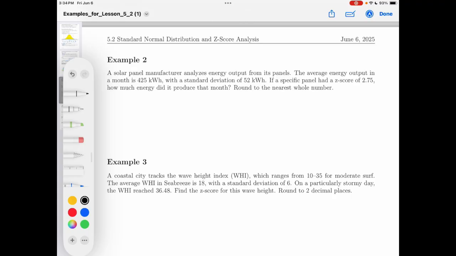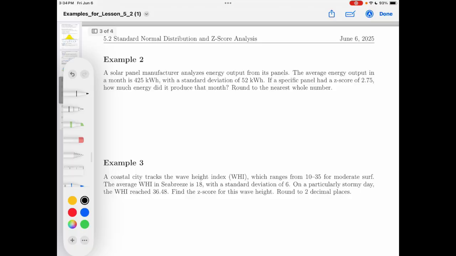So we're going to make a graph. I'm going to put my x's and then my z's. For my x's, that's the raw data that's directly related to the content, so our kilowatt hours. It tells us that the average is 425 kilowatt hours, so I'm going to put that in the middle.